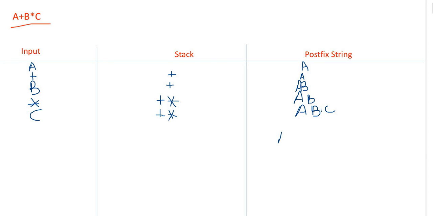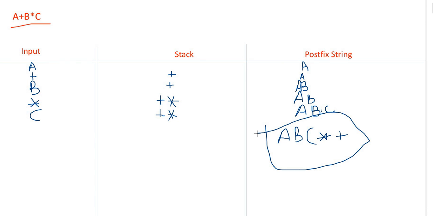Here is the output, A, B, C. We will pop out all the elements. First star is on the top, star will be popped out, after that plus will be popped out. This is our postfix expression.